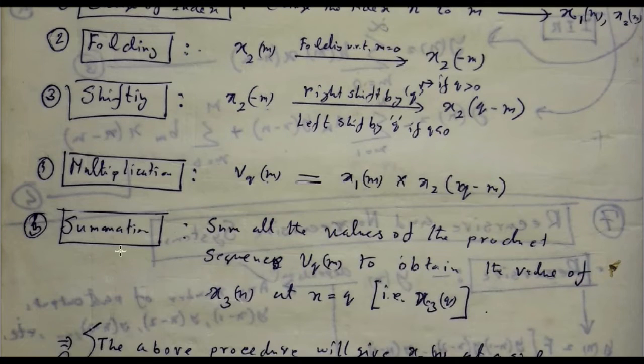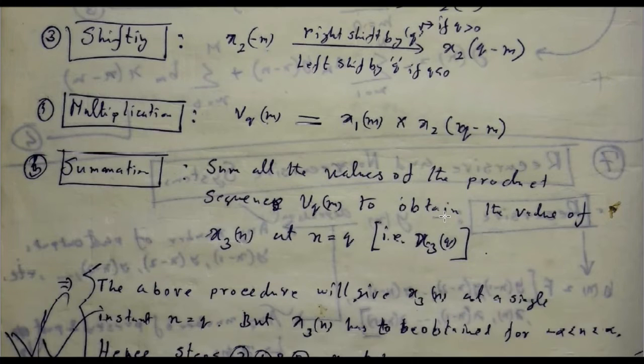And lastly you have to do the summation: sum all the values of the product sequence v_q[m] to obtain the value of x3[n] at n equal to q. That means by doing that you obtain the value of the convolution at n equal to q.